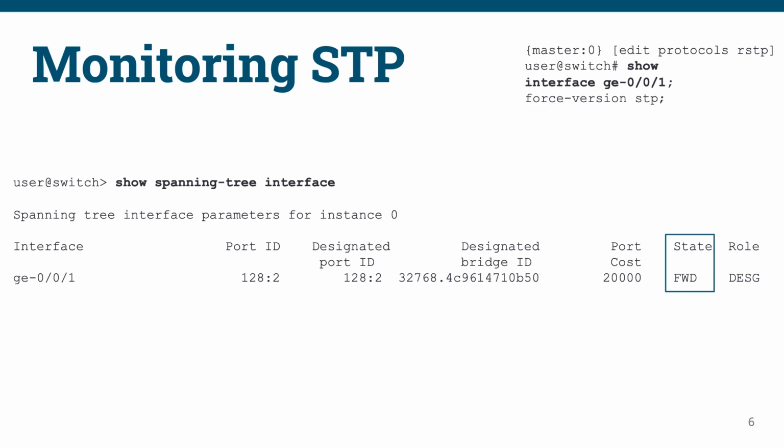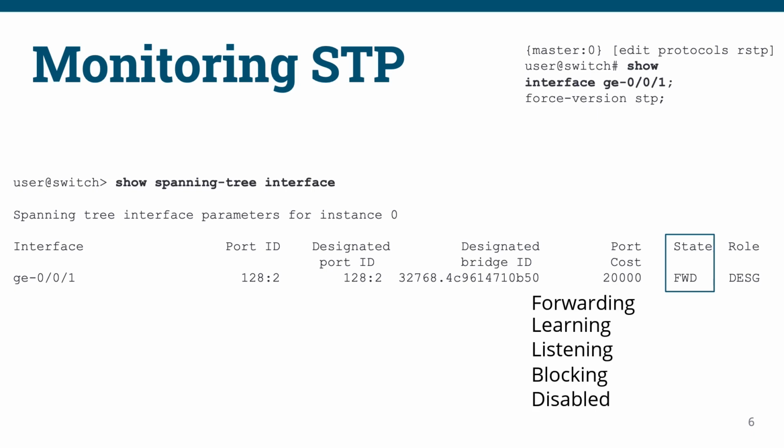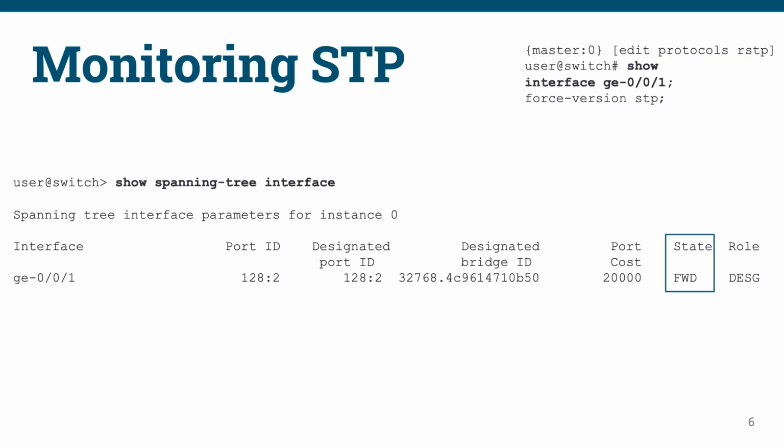For STP, this will display one of 5 values: forwarding, learning, listening, blocking, and disabled are the 5 possible port states in STP. In the next column left, we have the port cost for the participating interface, which is dynamically set based on the port speed by default.